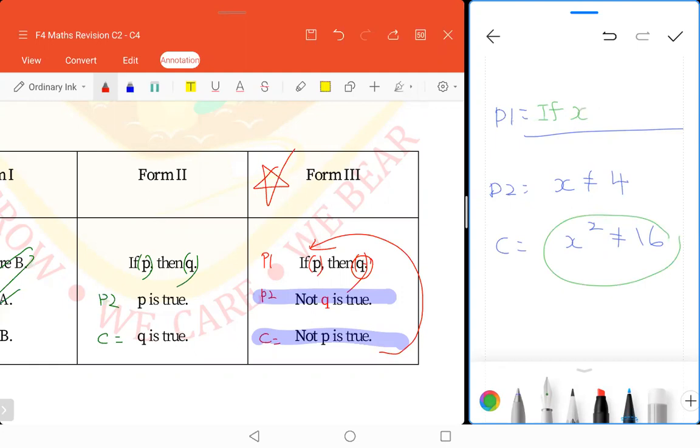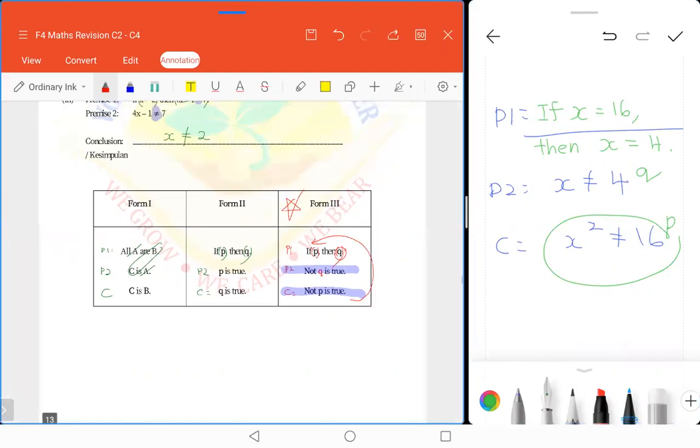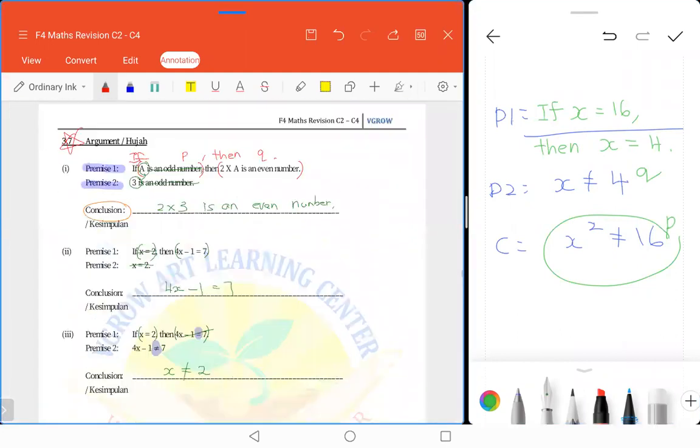If x, change it to positive. If x equal to 16, then x equal to 4. Example only. That means you write this first, then only this. So the third type must be very careful. Okay, so this is the overall for argument.